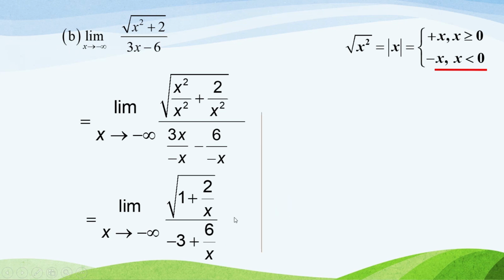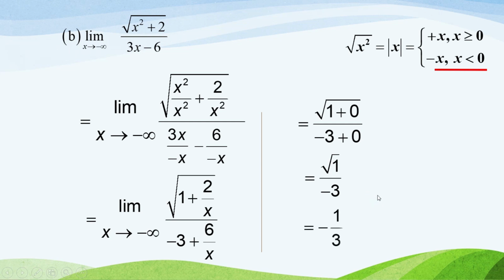When we substitute negative infinity in this limit, we get the square root of (1 plus 0) over (negative 3 plus 0), which is the square root of 1 over negative 3, and the square root of 1 equals 1. So the answer is 1 over negative 3, or negative 1 over 3.